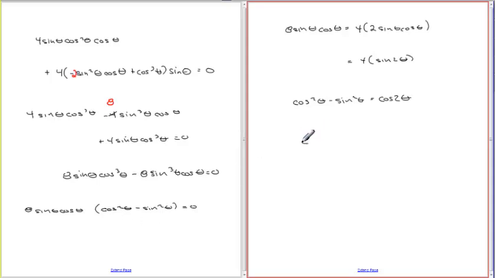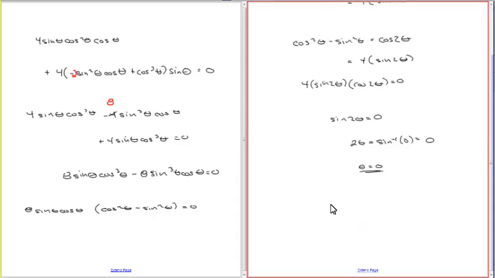So this expression says you have 4 times the sine of 2 theta times the cosine of 2 theta equal to 0. If either one of these is 0, then the whole thing is 0. So you get the sine of 2 theta is 0. You take the inverse sine of 0, which is 0. So theta equals 0 is one solution. And then the second case is where the cosine of 2 theta is equal to 0.